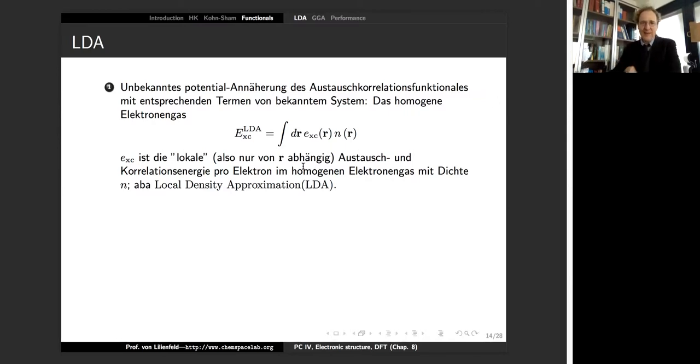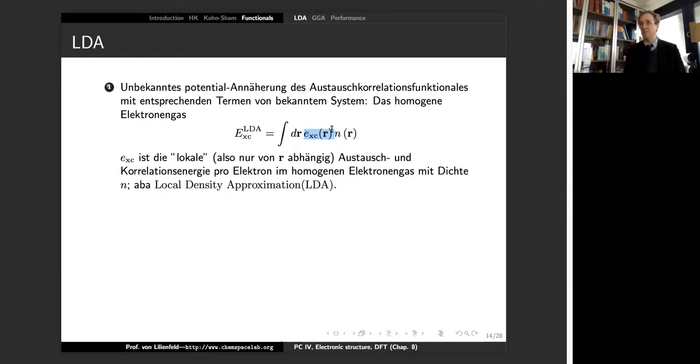In the LDA functional, you presume that your exchange correlation energy can be approximated by this term, which is defined as the integral of your electron density, and purely multiplicative. You scale your electron density, if you wish, at every point in space with another function, purely multiplicative.